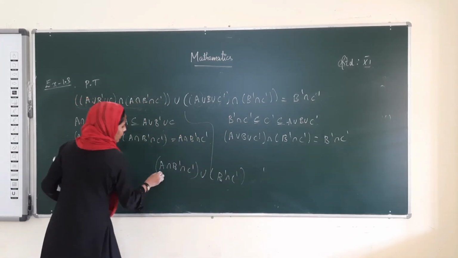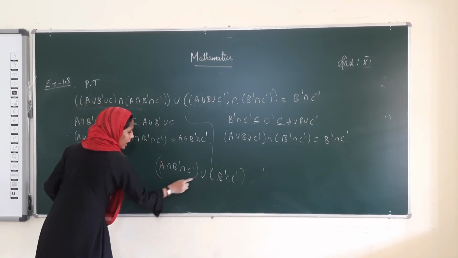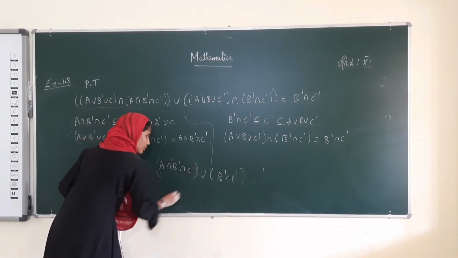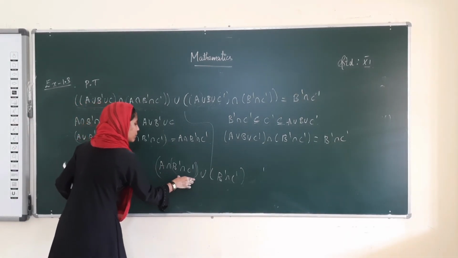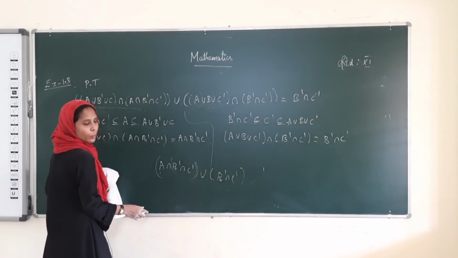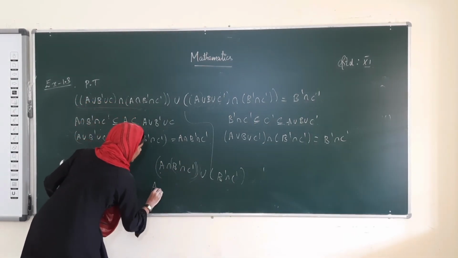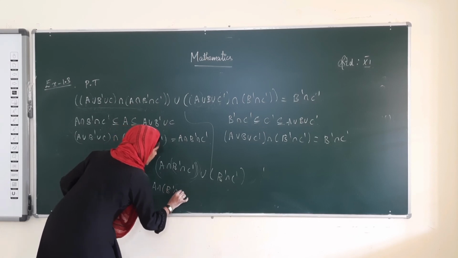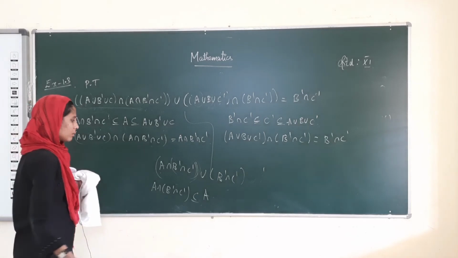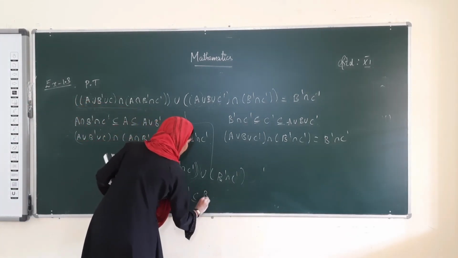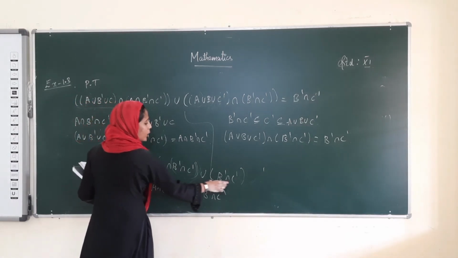See here, A intersection B intersection C dash. The terms common in all of these, let us take this as one term. The common terms in this and this are what we are going to take. So we can say this whole set, that is A intersection B dash intersection C dash, is a subset of B dash intersection C dash. We can say this is a subset of this.